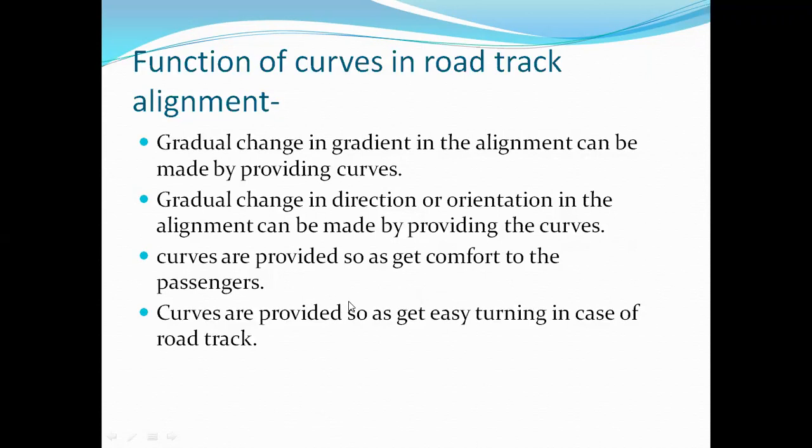To get comfort for the road passenger, curves are provided on the road. Then the fourth function of curves is that curves are provided to get easy turning in case of road track. To provide easy turning, the curves are provided. There are four functions of curves.